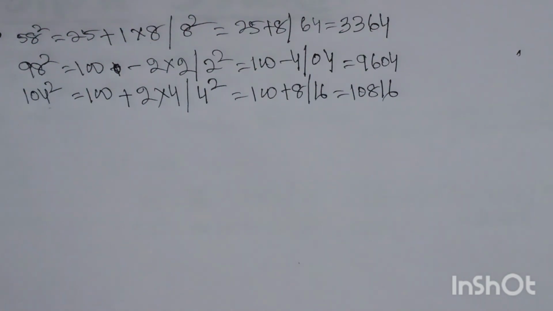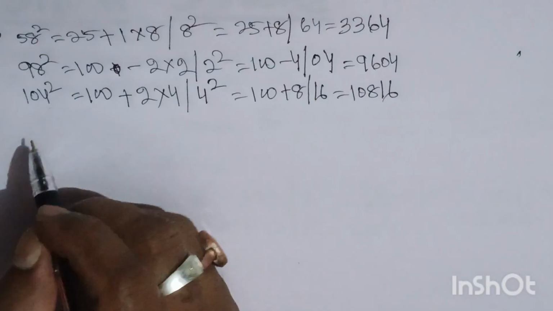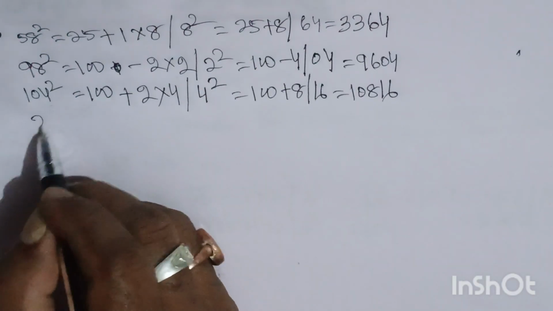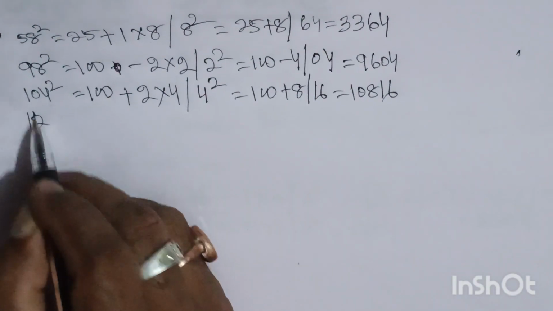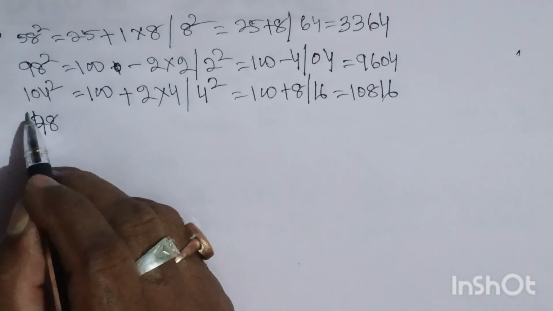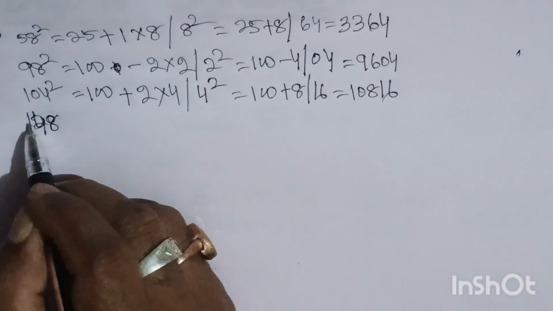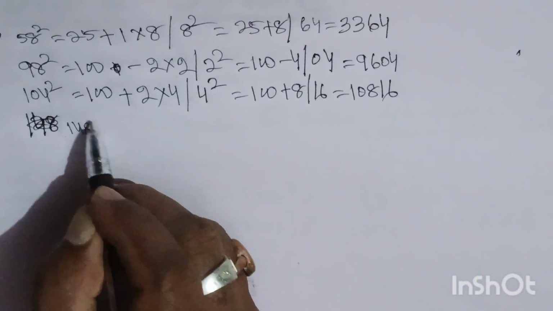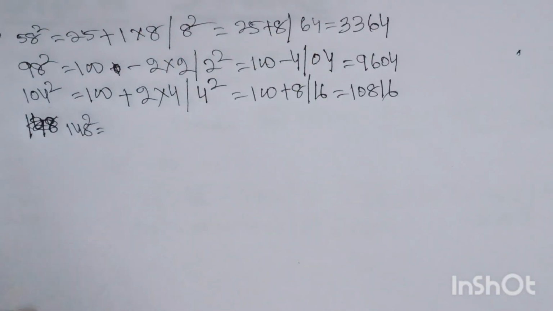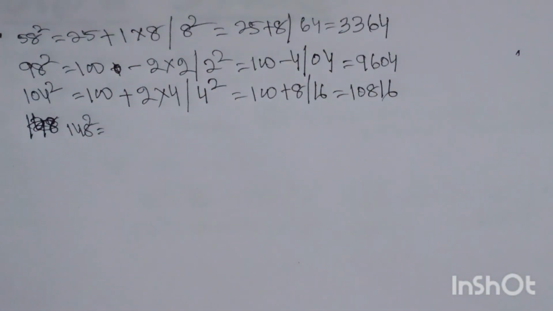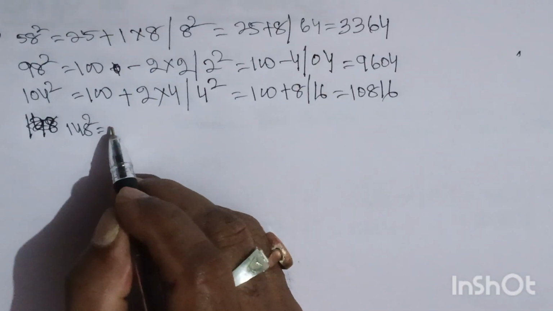So how do we find out the square of numbers? Very easily. Similarly, you can find out the square of 148. How to find out the square of 148? 148 is closer to 150. That is the serial number 3. The value of 150, or the serial number 3, is equal to 225.